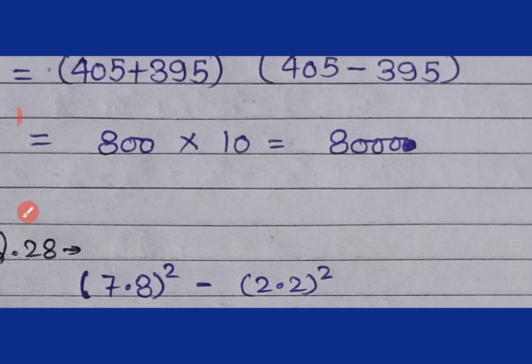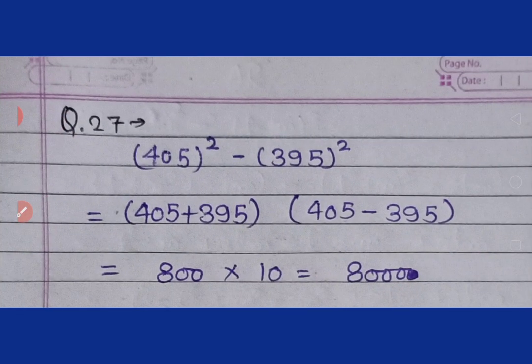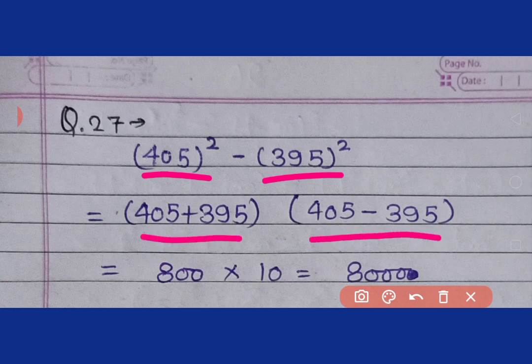Next question. It has given this type of question which you have studied in previous exercises. 405 square minus 395 square. It is in the form of a square minus b square, so it can be written in the form of (a plus b) and (a minus b). So 405 plus 395 in the first bracket, and 405 minus 395 in the second bracket.